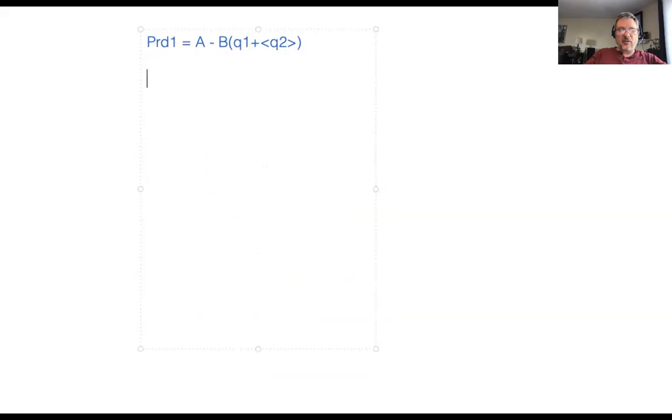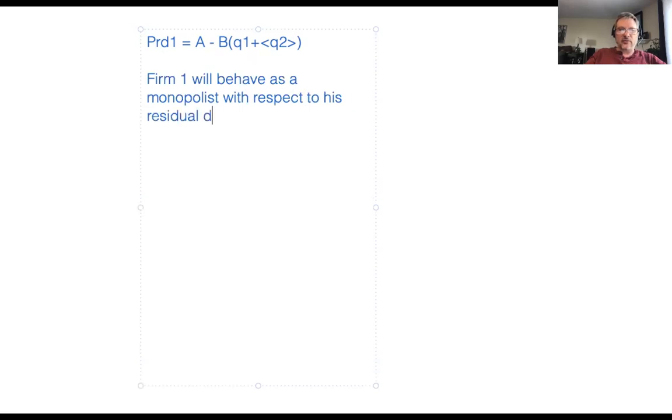And the reason it gets easier is because firm 1 will behave as a monopolist with respect to his or her residual demand. So now we kind of know what our solution is going to be, right?